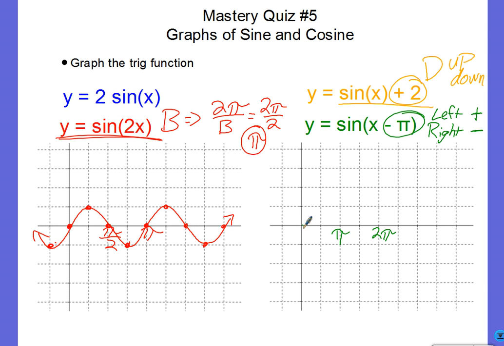Normally I'd start right here, but in this case, I've got to go to the right pi. So I've got to start over there. And then from there I follow my regular pattern of on, up, on, down, on, and then you repeat it, you go back, and there's my graph. That's all.